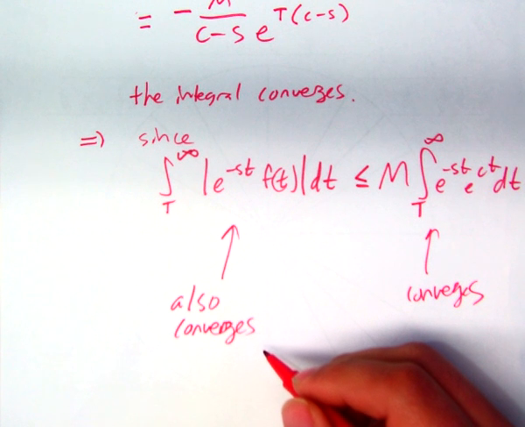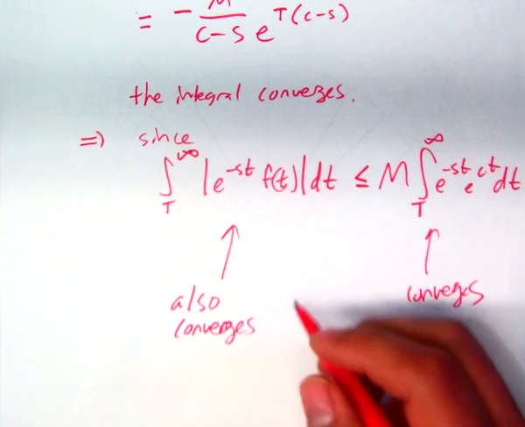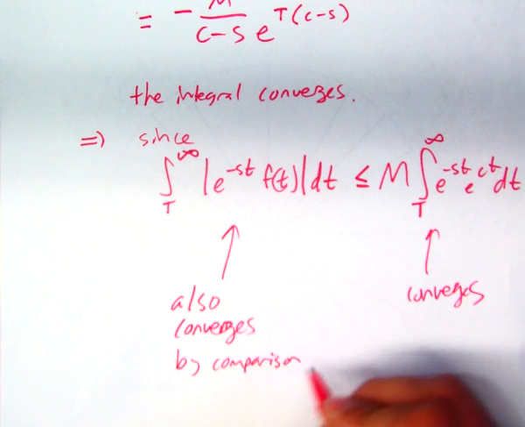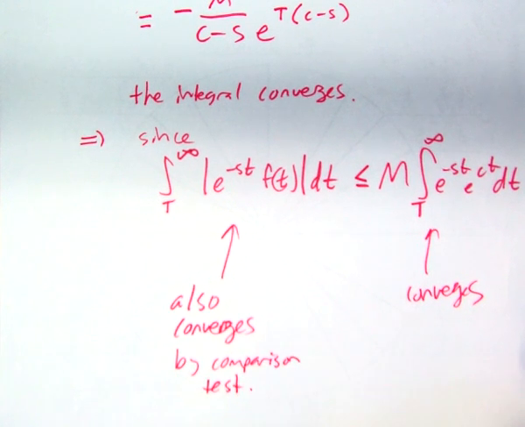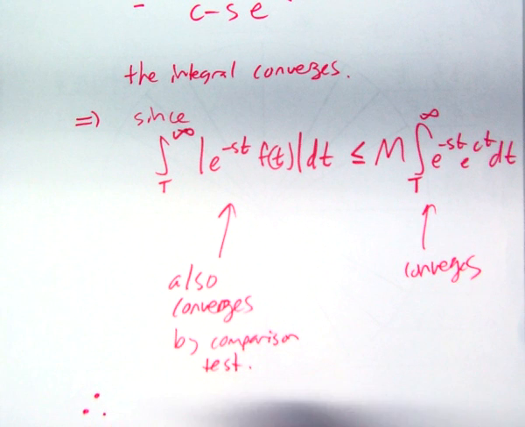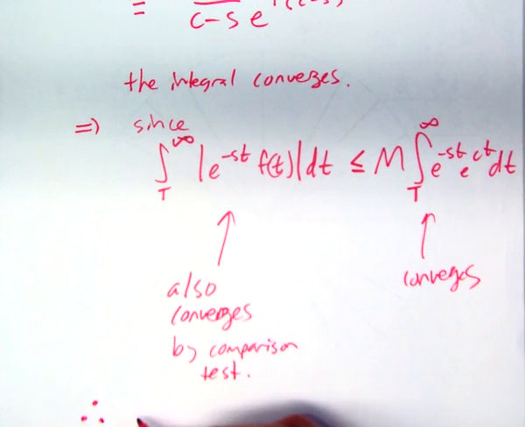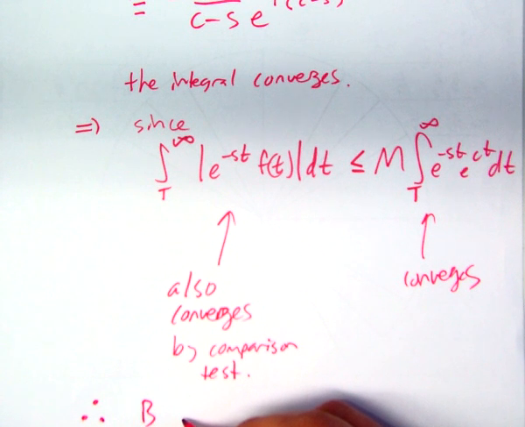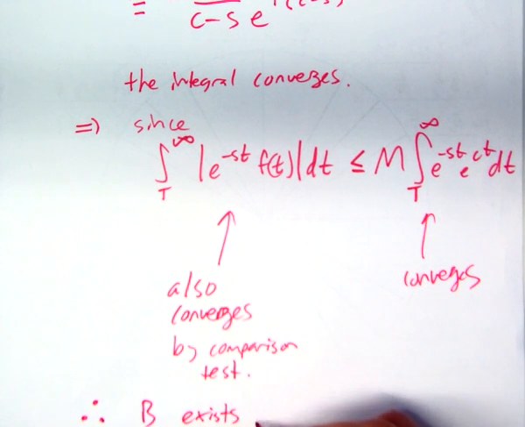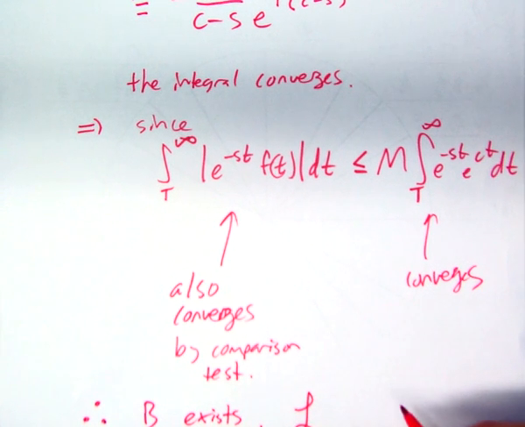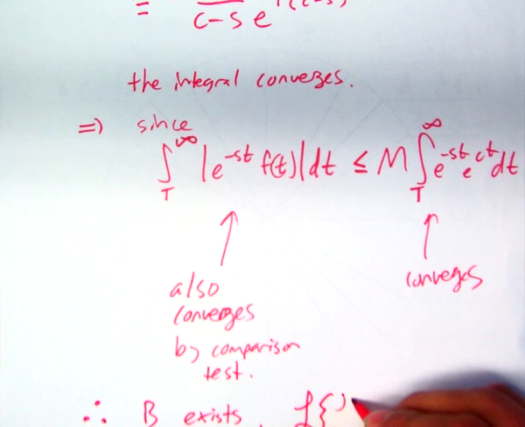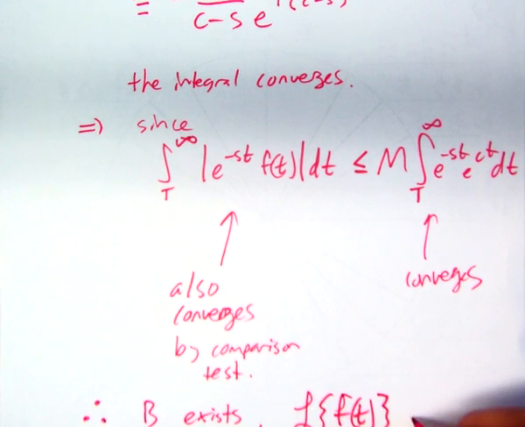Yeah, it's called the comparison test. Good. And therefore, not only did A exist, but the second half of the calculation, B, also exists. And therefore, the Laplace transform of f of t also exists.